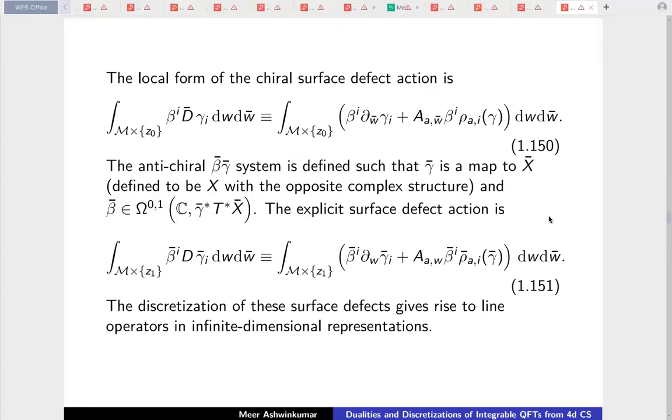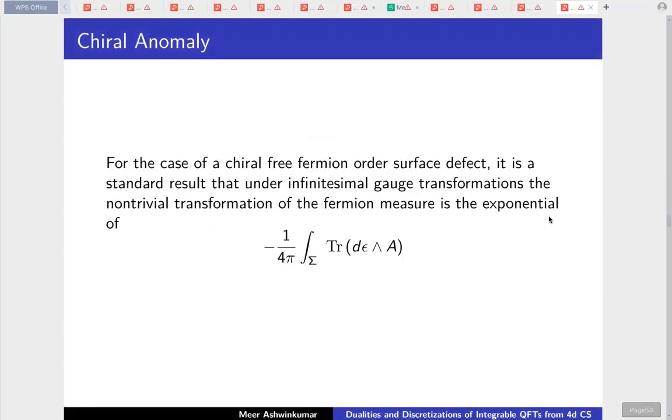So far we've seen that discretization leads us to a lot of interesting results. It also leads us to a framework for quantization. But for the question of quantum integrability, there is more that one needs to take into account. In particular, for the chiral free fermion surface defect, it's known that the measure of the surface defect is not invariant under gauge transformations.